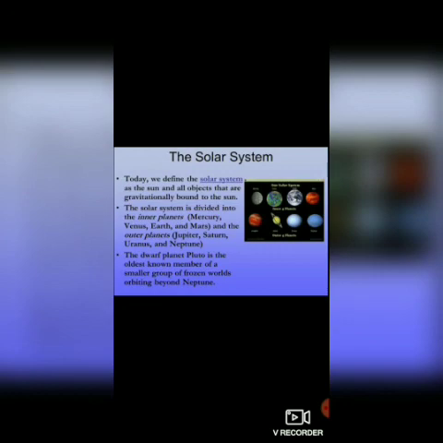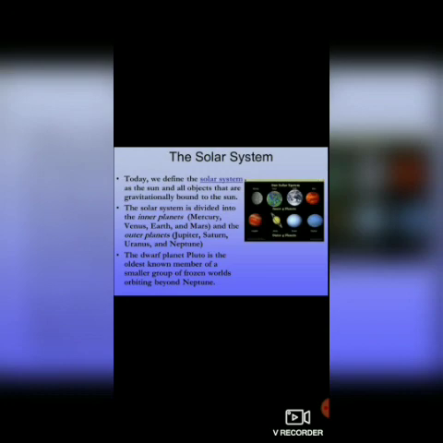Some more important facts about the solar system. The scientific name of the Sun is Sol, hence the name solar system. There are eight planets: Mercury, Venus, Earth, Mars, Jupiter, Saturn, Uranus, and Neptune. Mars is red in color, and Earth is the only planet where we can live.